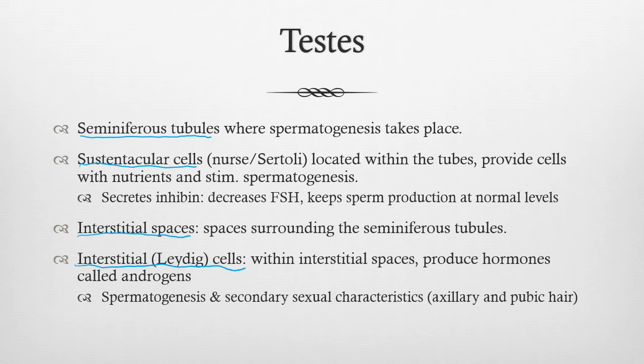The sustentacular cells are going to help with keeping the sperm cells alive. This is the actual nursing of the cells to allow for sperm production to occur. The interstitial cells are the ones that produce hormones. These produce the testosterone needed for spermatogenesis and for the production of all of the secondary sexual characteristics.